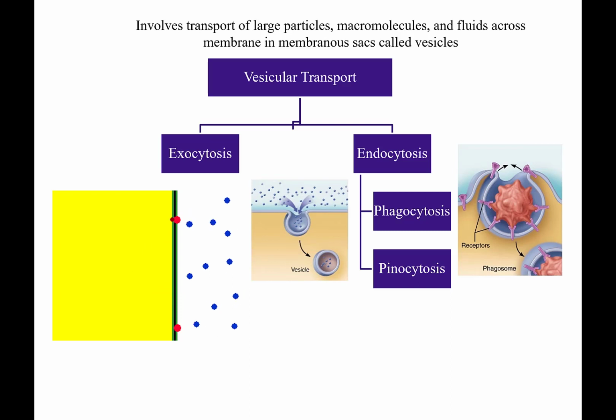In terms of consumption, the cell can eat something that is solid, which we refer to as phagocytosis, like phagocytosing a bacteria as a whole, for example. In comparison to that, pinocytosis refers to cell drinking. The cell is uptaking fluid instead of a solid chunk.